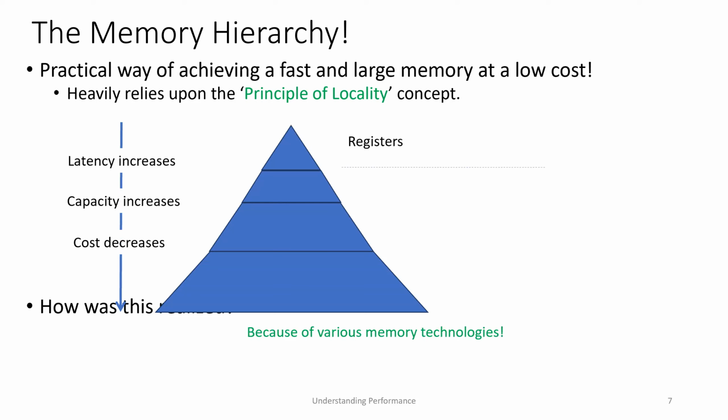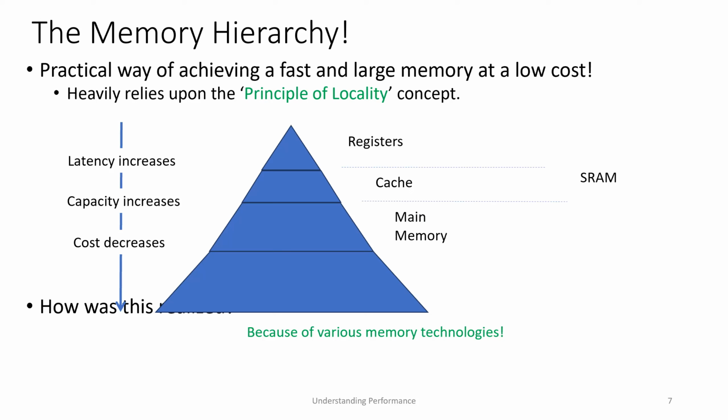At the top of the pyramid, we have what are called registers, where frequently used variables are stored, like in the previous example: n, m, sum, i, j. These variables will be stored in registers. Following that, we have caches, and typically these are built with SRAM technology.